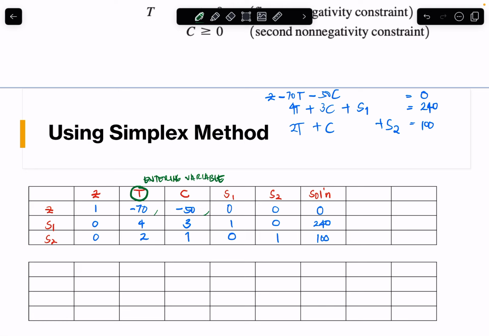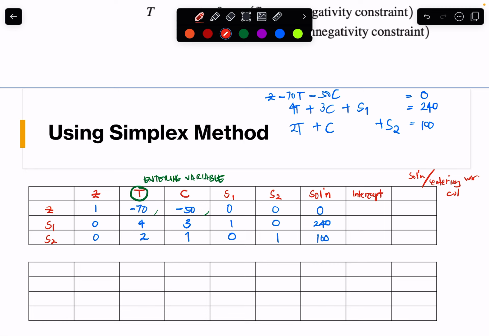And then we compute for the intercept. For the intercept, we take the solution and divide it by the entering variable column.